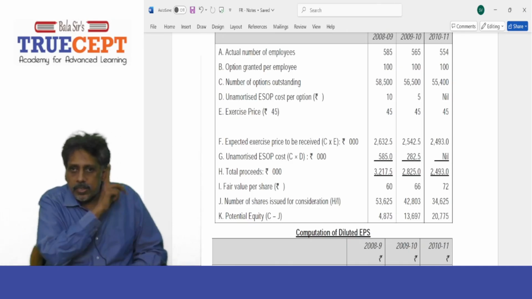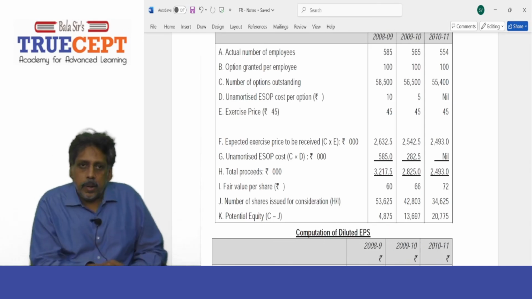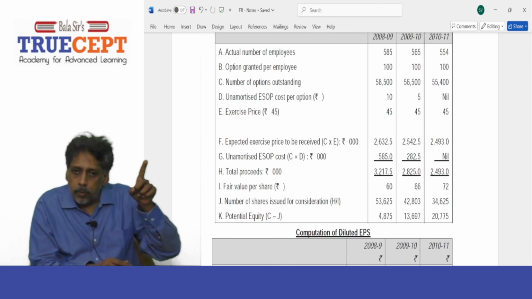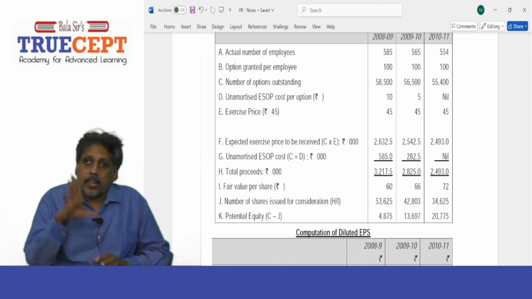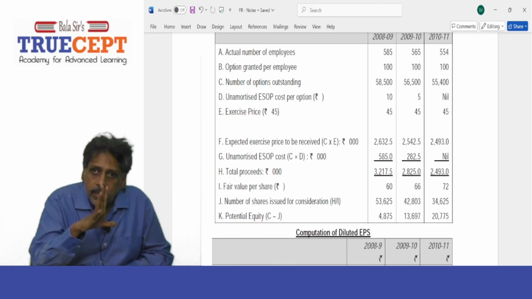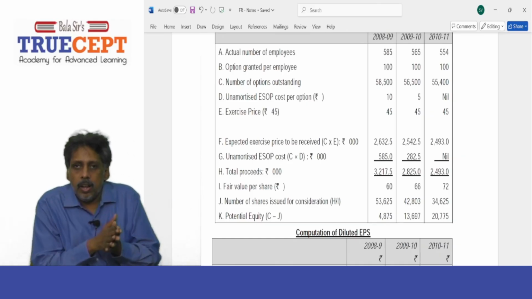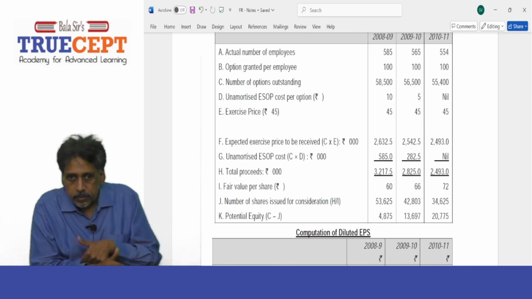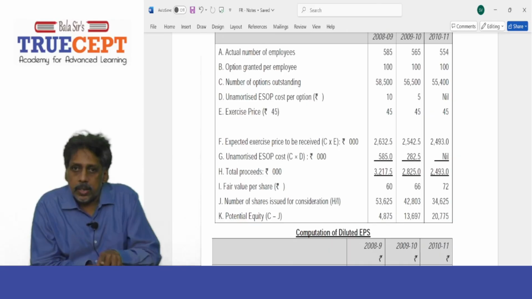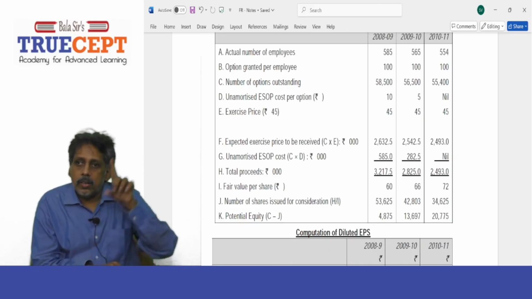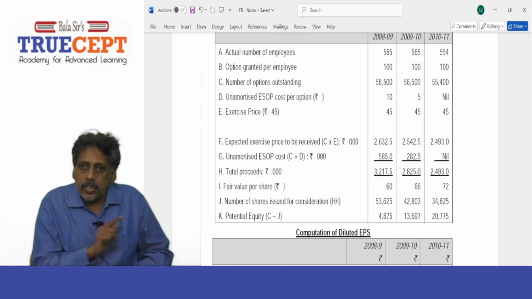Yes. Now look for second year. We want to collect 45 rupees from the employees, plus another 5 rupees for early exercise. In all, 50 rupees is collected as proceeds per share. But what is the fair value per share? 66. That means there is a discount of 16 rupees.